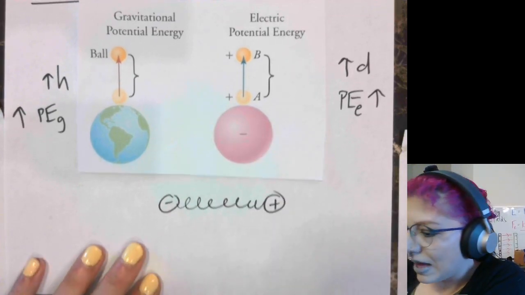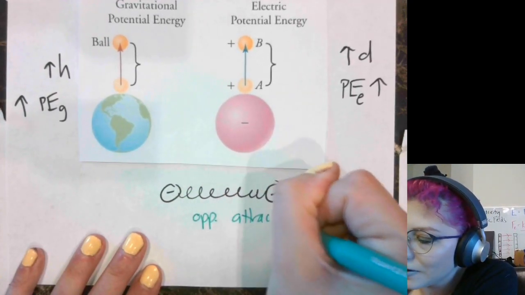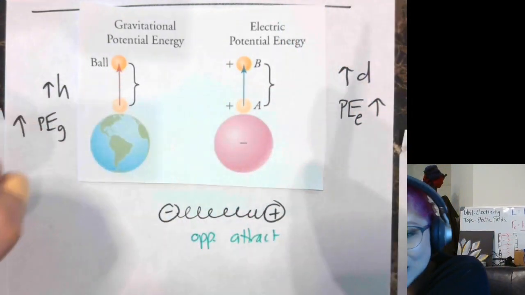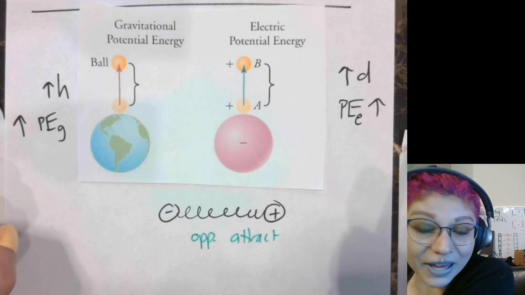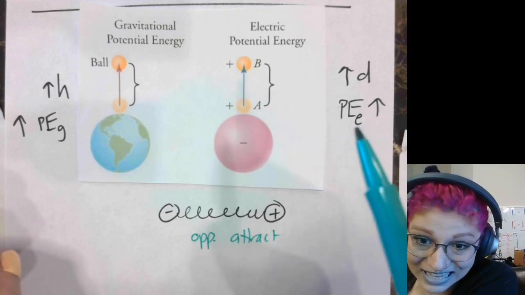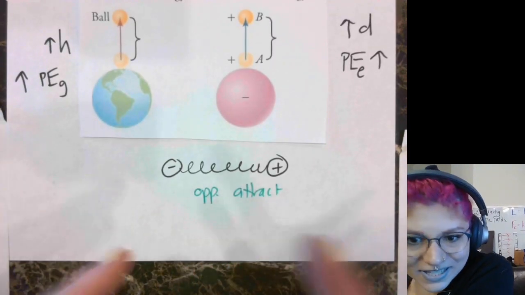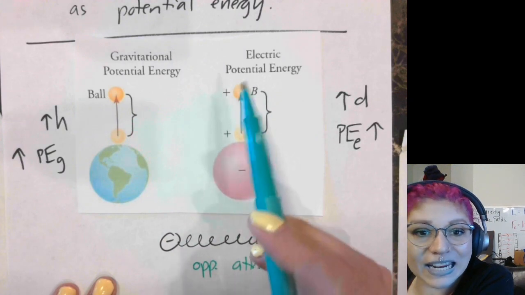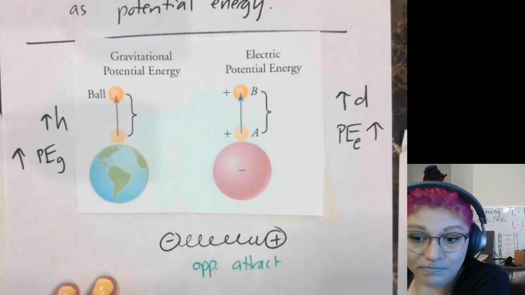So we know that opposite charges attract. So we're going to have to put in energy to peel those charges apart, right? And we can store that energy we put into that system, right? So that spring between the positive and negative charge wants to snap back together. We say that we're increasing the potential energy of the system.